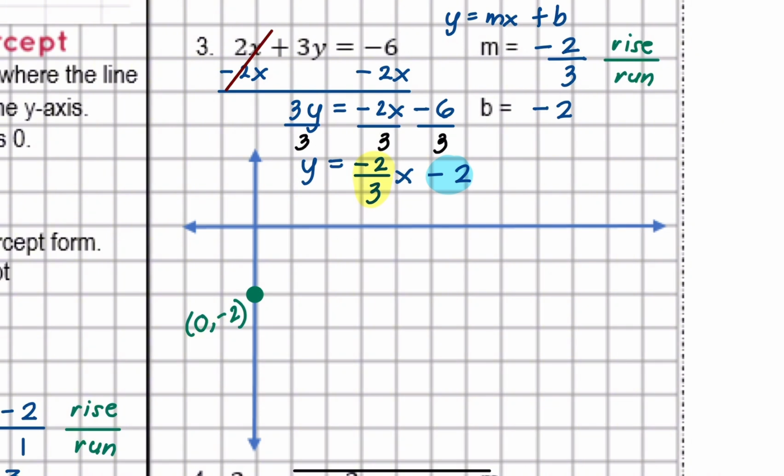Okay, so since our rise is negative 2, from this point, we're going to move up or down. Okay, yes, down by 2 units, 1, 2. And then our run is 3. Move 3 units to the right, 1, 2, 3. So this is our next point.